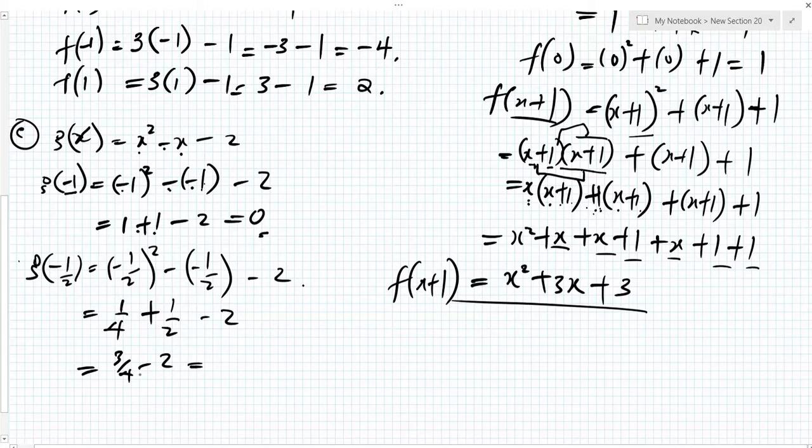So if you add this to this, you have minus 5 over 8. Minus 5 over 8.